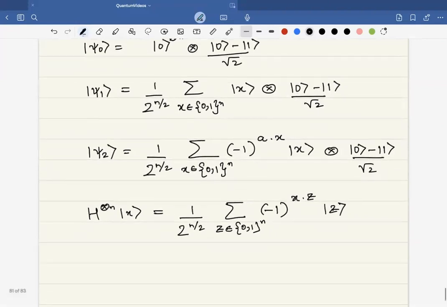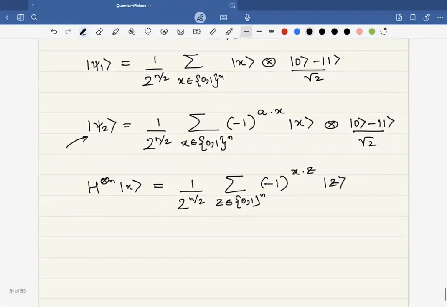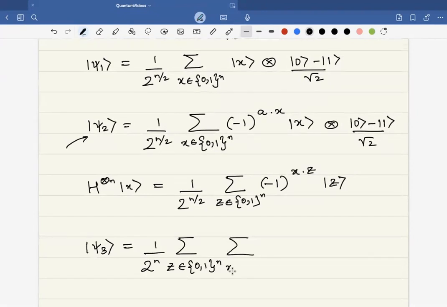If I apply the Hadamard gate to psi 2, we get a double sum, and I can rewrite that double sum as before. So psi 3 is equal to 1 over 2 to the n, summation over z in {0,1}^n, and then summation over x in {0,1}^n of minus 1 to the power a dot x plus x dot z, |z> tensor (|0> minus |1>) over square root of 2.